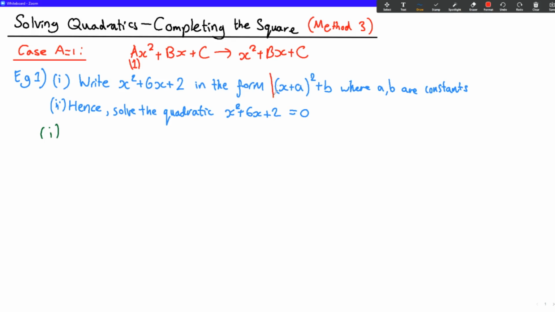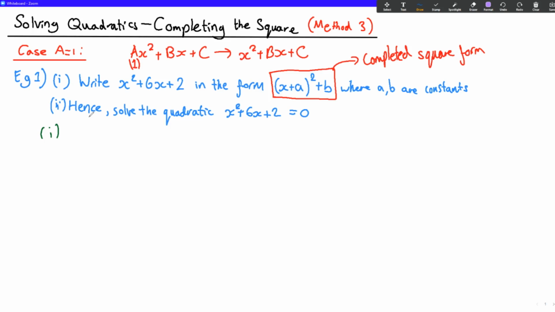Now, I'm just gonna point out that this is called the completed square form, because we use this method to get to this form. So whenever you see this form here, x plus a all squared plus b, you know that you need to complete the square. Right, but the question is, how do we get it into that form?